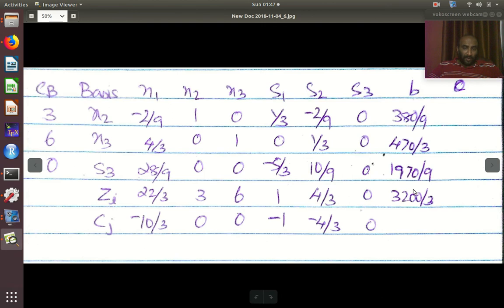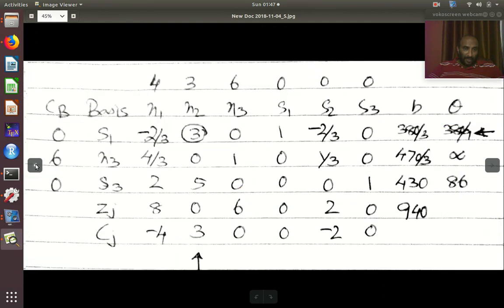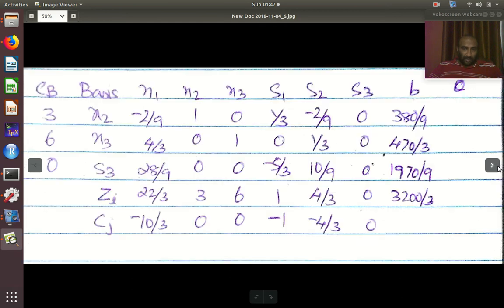Similarly we can find out all these terms, and Cj is the value for x1. This is 4, 3 and 6 here. So 4 minus 22 by 3 is minus 10 by 3, and we will calculate all these values and see that all of these are negative, which means this is an optimal solution.